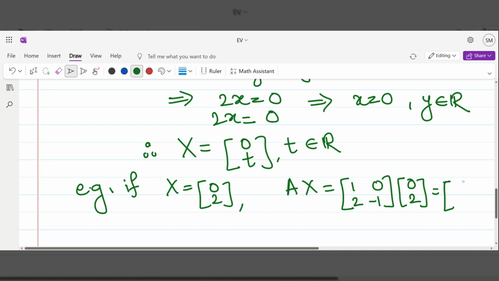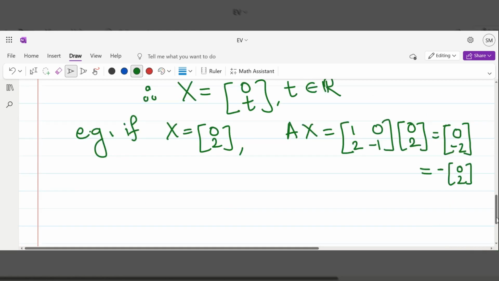The product of A into x is 1 into 0, 0 into 2, so 0, and 2 into 0 minus 2, so (0, -2). So (0, -2) can be written as negative of (0, 2), that is equal to minus x.